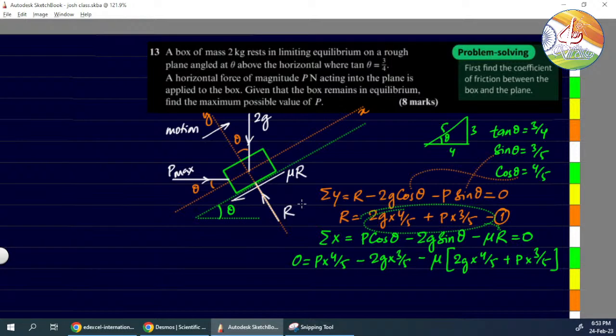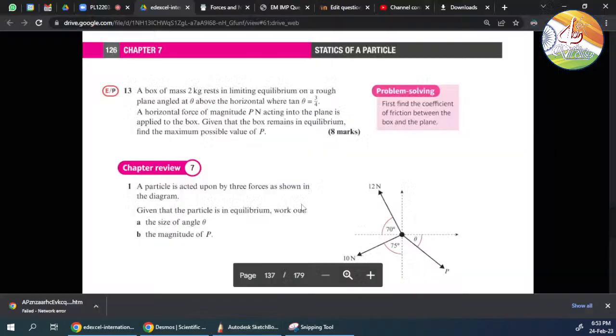Some more information needs to be given here. Without that information, I don't think we can find it.